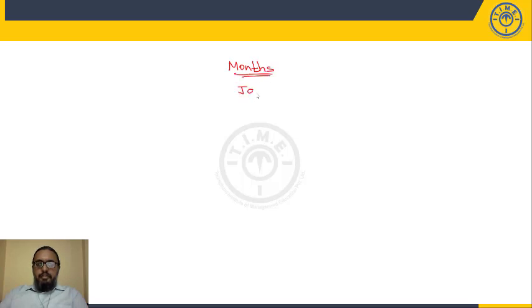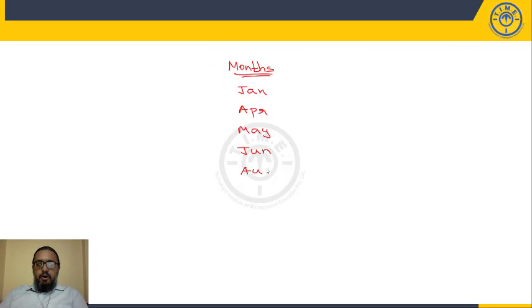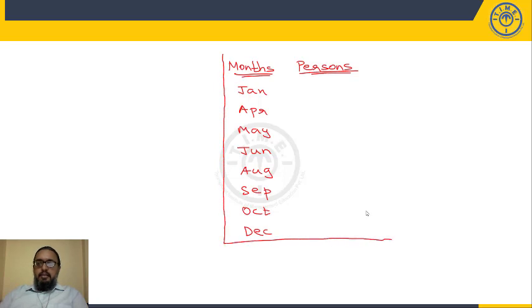So these are the 8 months we have. Then we will be fixing the persons based on the conditions.